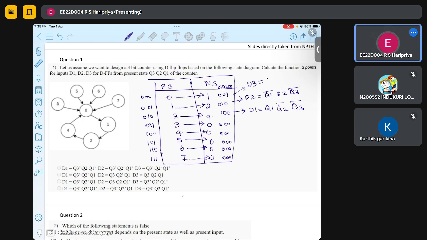So D3 is equal to Q1 complement, Q2 complement, Q3. Like this, including will be correct.